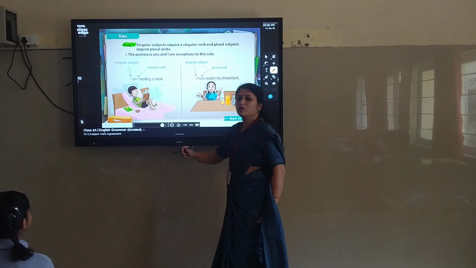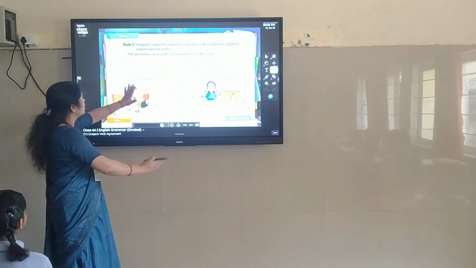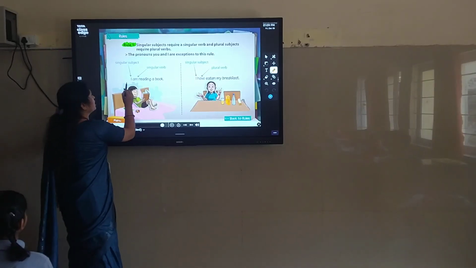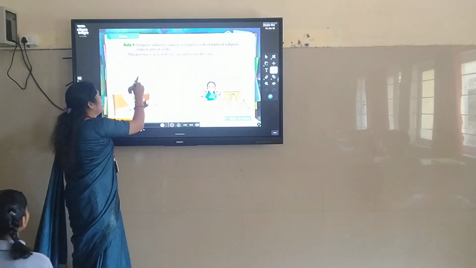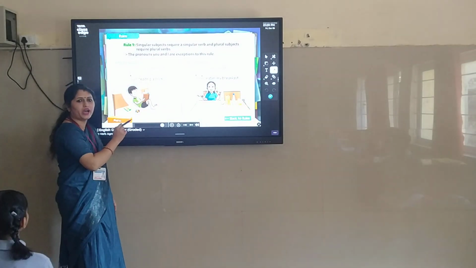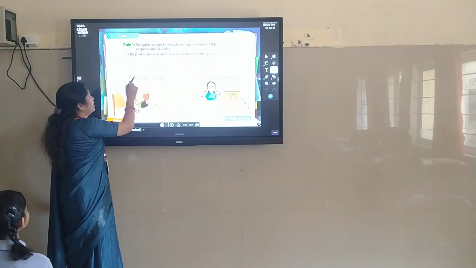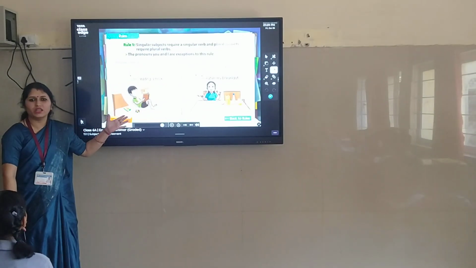If we are using continuous tense, for example, here the sentence is in continuous form. How can you identify it is in continuous form? Through ing, read plus ing. So here we are using am with I, which is singular.